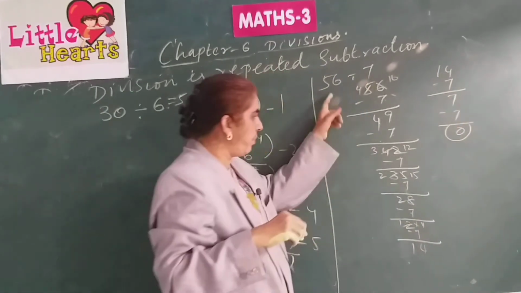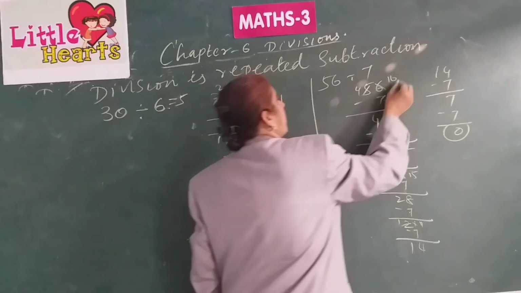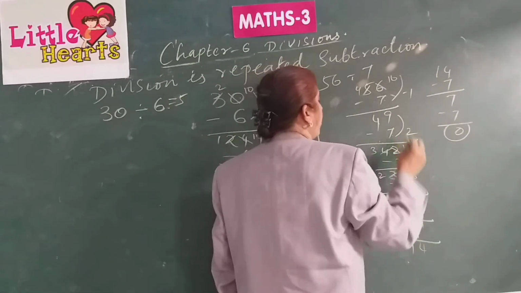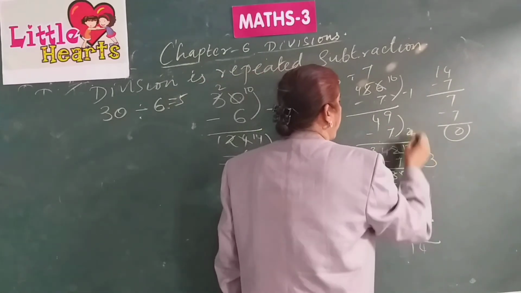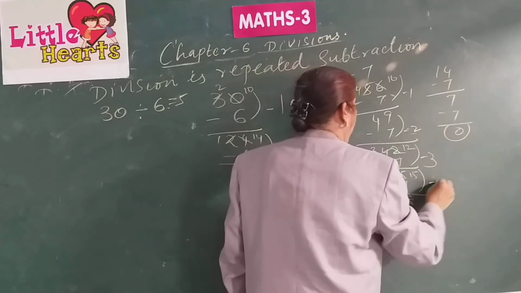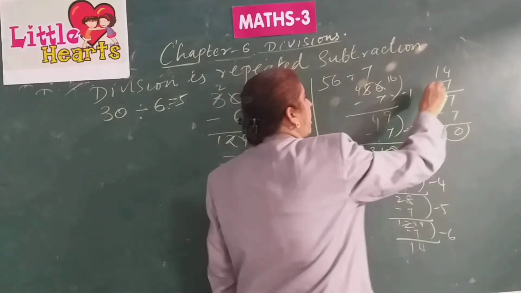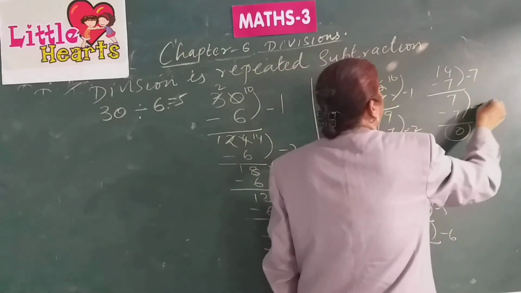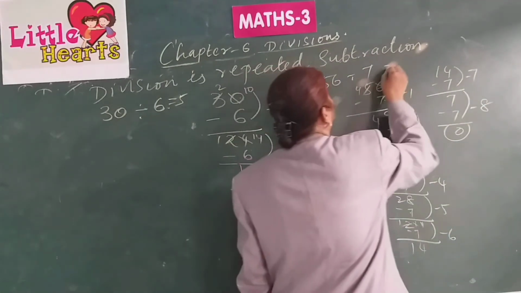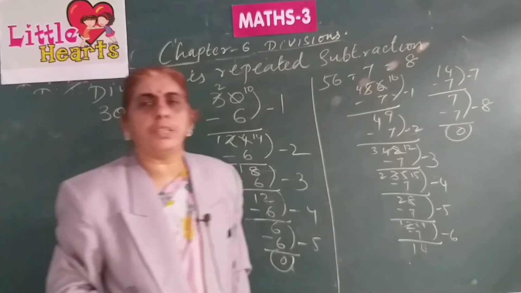So how many times have we subtracted 7 here? 1, 2, 3, 4, 5, 6, 7, 8. So 56 divided by 7 is equal to 8.